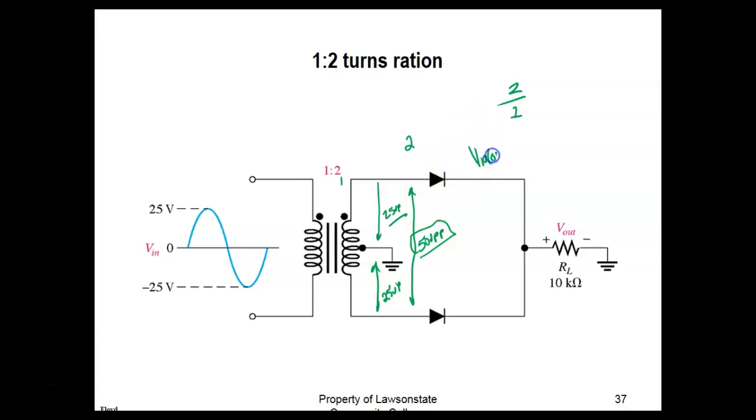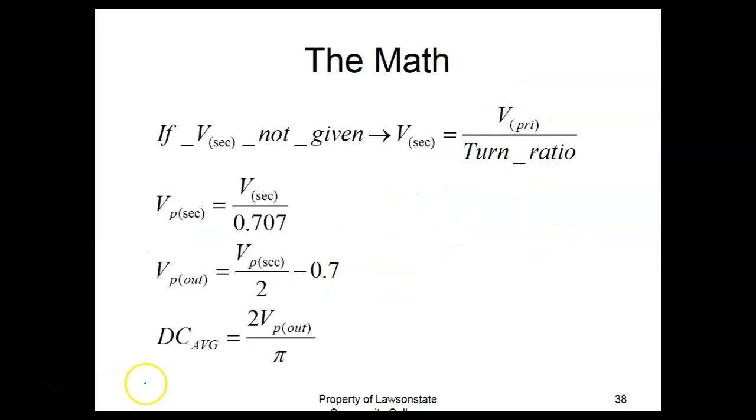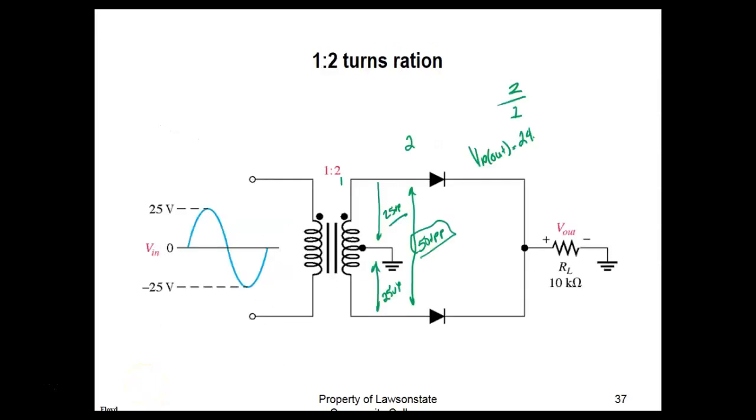So here the output voltage would be, what would V peak out be? 0.7. Somebody subtract 0.7 from 25 for me.